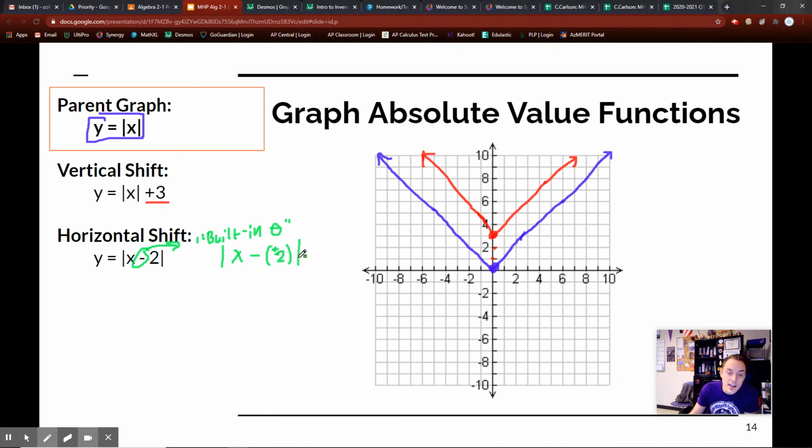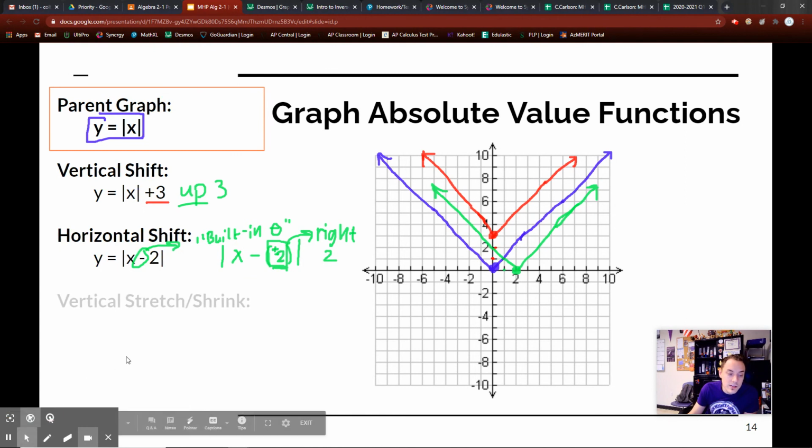That positive 2 tells you to move to the right. If this told you to move up 3, this says right 2. So I'm going to take my parent graph, move it 1, 2, right 2, and move it right there. And that is going to be my graph. Oof, not really straight lines.